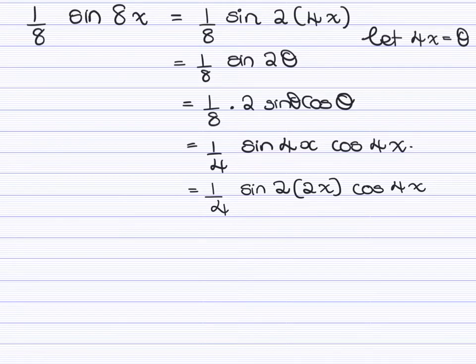Okay. Now, again, you don't have to do this, but I do it to make my life simpler. I'm going to say let beta equal to 2x. Right. Now, where I see 2x, I will now be plugging in beta.